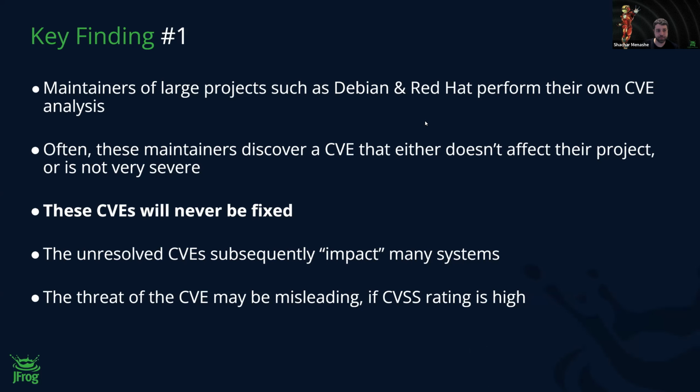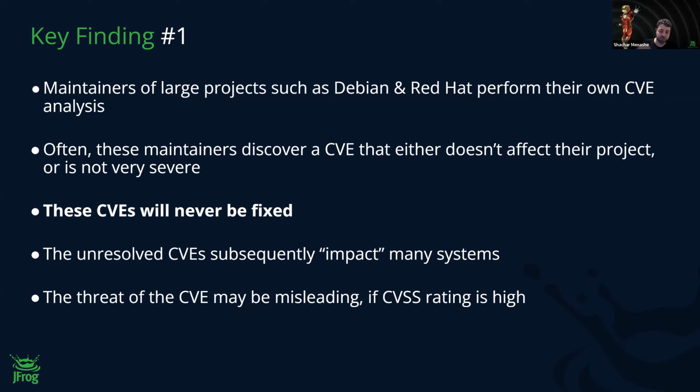And we'll see an example. As you know, there are maintainers of large projects like Red Hat, Debian, and Ubuntu, and they perform their own CVE analysis. They don't rely on NVD's analysis. And a lot of times, these maintainers understand that a specific CVE is just not relevant for their project.